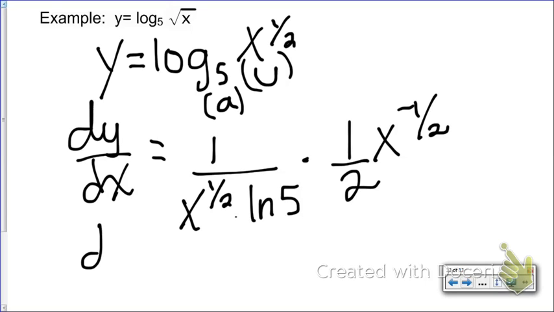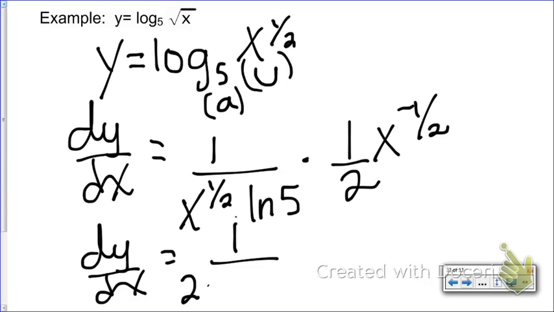Let's simplify this out. dy dx equals, I'm going to bring the 2 to the denominator. I'm going to bring the x to the negative 1/2 back down to the denominator. So we're going to have a square root of x and another square root of x, which is going to be just x. So here's what our final answer with the denominator would look like: 1 over 2 natural log of 5 times x.